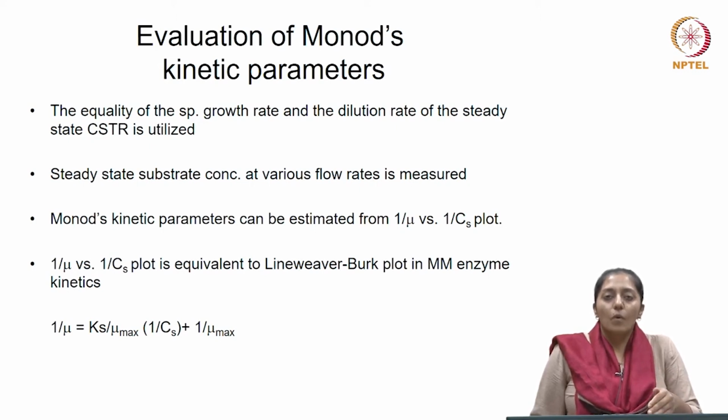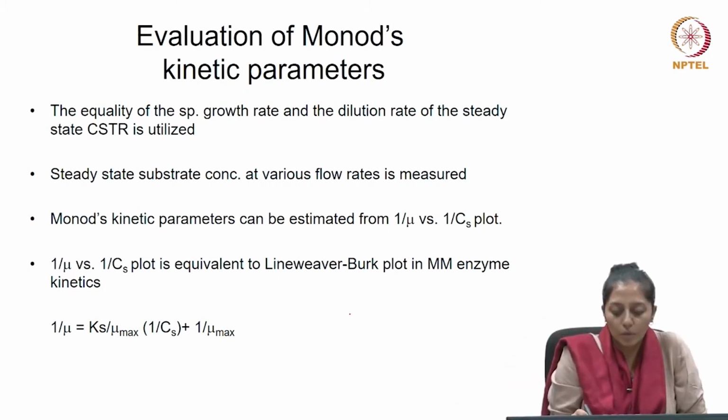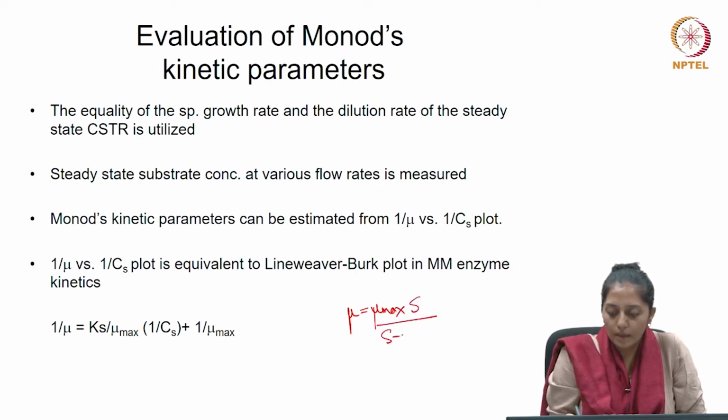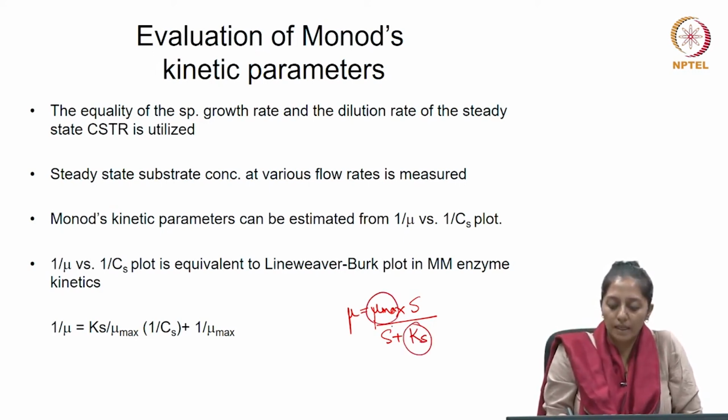Now, if we want to determine the constants of the Monod's model, if you remember, the Monod's model was mu is equal to mu max S upon S plus Ks. Now, if we want to determine the value of mu max and Ks for a given fermentation system, then we can make use of continuous cultivations.